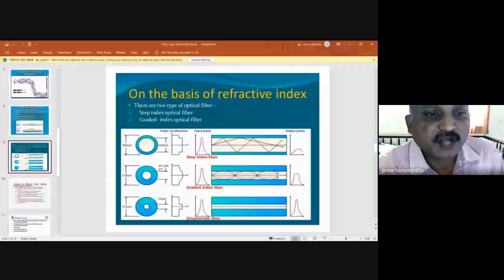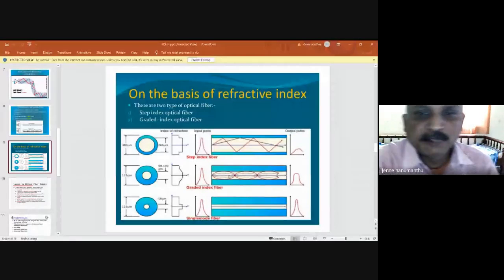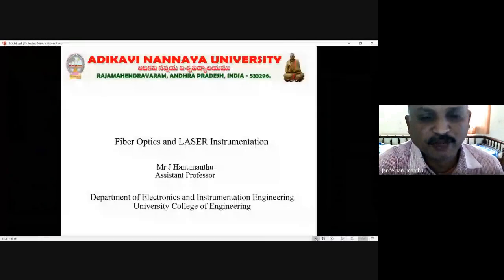So fiber types may be single mode fiber or multi mode fiber.